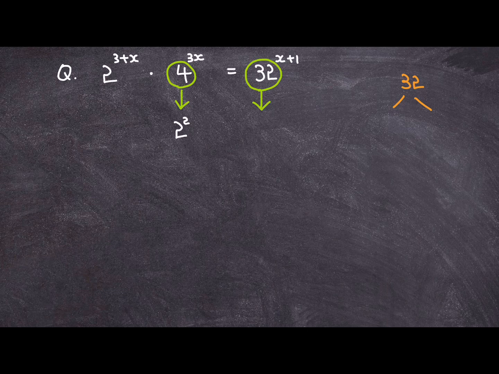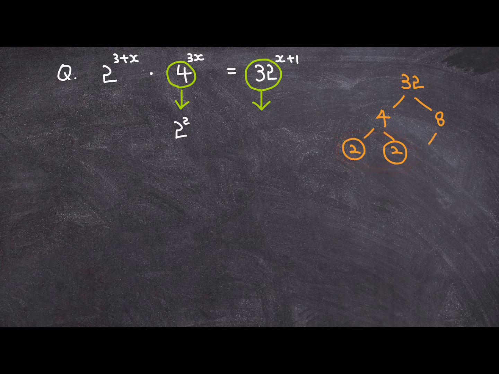Off the top of my head, I can think of 4 and 8 multiplied together to give me 32. Neither 4 nor 8 is a prime number, so I'm going to continue dividing until I reach a prime number. 4 is made out of 2 times 2, and since both these numbers are prime numbers, I'm going to circle them, meaning that this part of the tree is done.